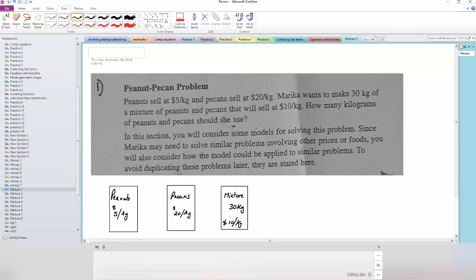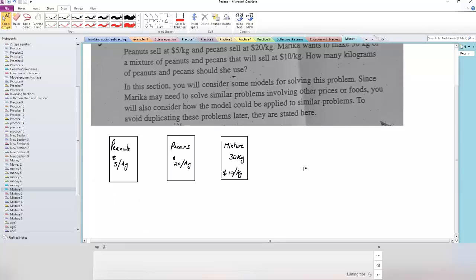So in this case, as usual, we should have one general equation to solve this. So I have here peanuts, I'm adding that to pecans to give me a mixture. So I'm going to do the same thing under the format of an equation. I'm going to say the amount, how many kilos I'm going to use for the peanuts, and I'm going to multiply this by the value of peanuts.